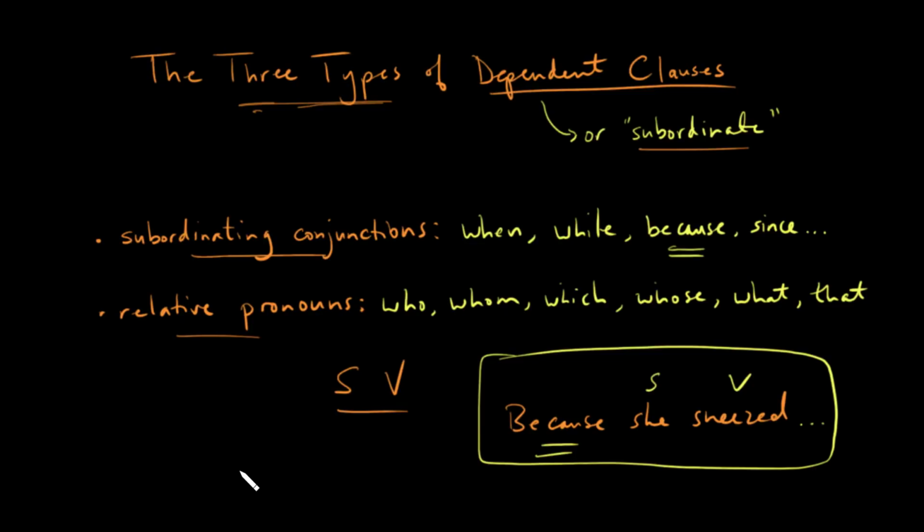Now, when we think about these examples here, subordinating conjunctions and relative pronouns, sometimes if we start a dependent clause with one of these relative pronouns, we can call that a relative clause. And there's a very simple way of remembering this. We're relating more information, so a relative clause.